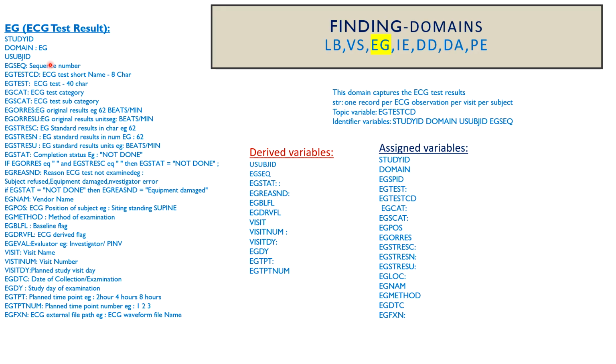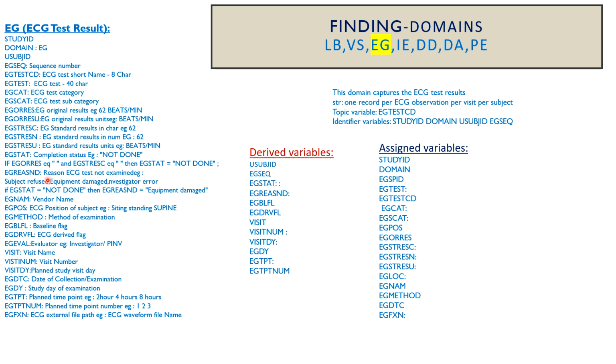So all the variables are like LB and VS, the same variables, but the names will be different: study ID, domain, unique subject ID, sequence, test code, category, subcategory, original unit, result unit, then standard result character version and numeric version for that unit.